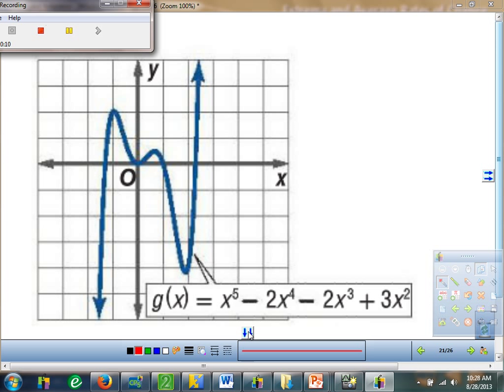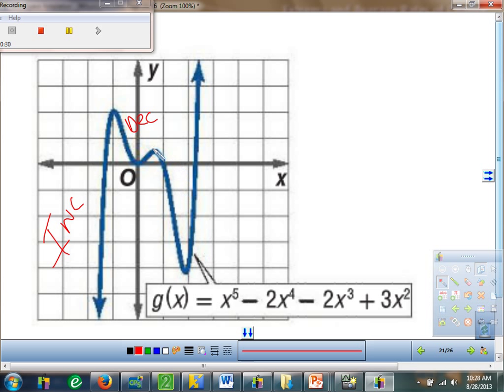Alright, so let's look at another one of these. Right now, you just tell what's going on. Later on we'll spend more time on the actual points. Here, from here up, we're increasing. And then from here down we're decreasing.